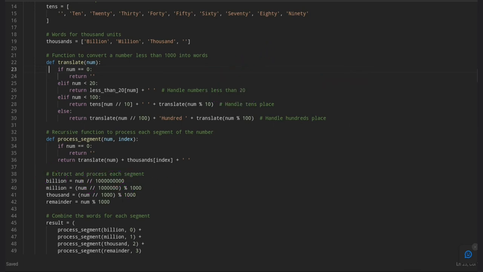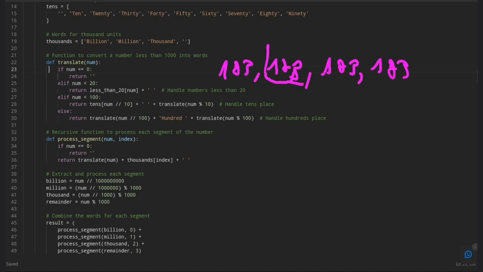How do we take the million of a number? Let's say we have this number, and we want to get now the millions. What we do is we go to the left to the millions, and we div by a million.